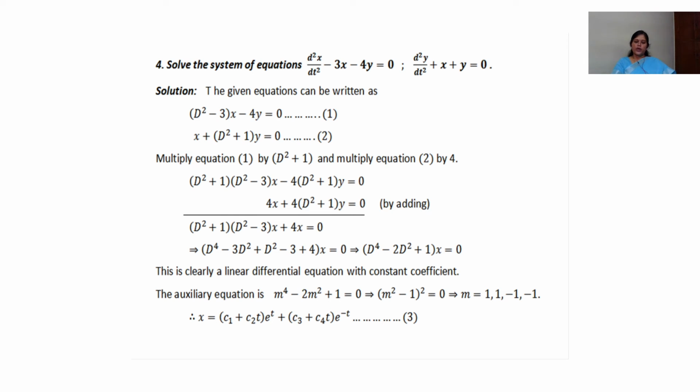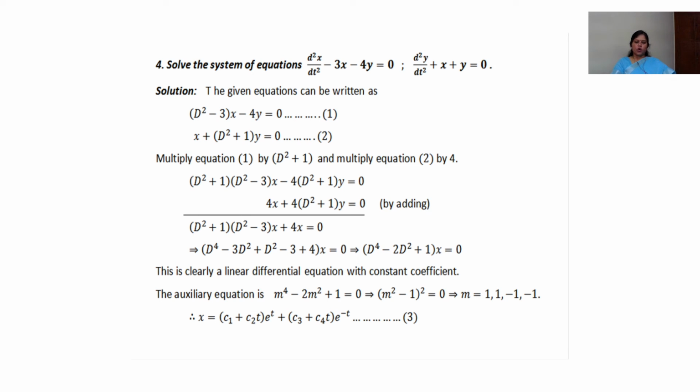We are getting 4 values for m because it is d to the power 4 minus 2 d square plus 1 f of d, so it is a fourth order differential equation. Considering the first two values, both are real and coincident, and the last two values are also like that.